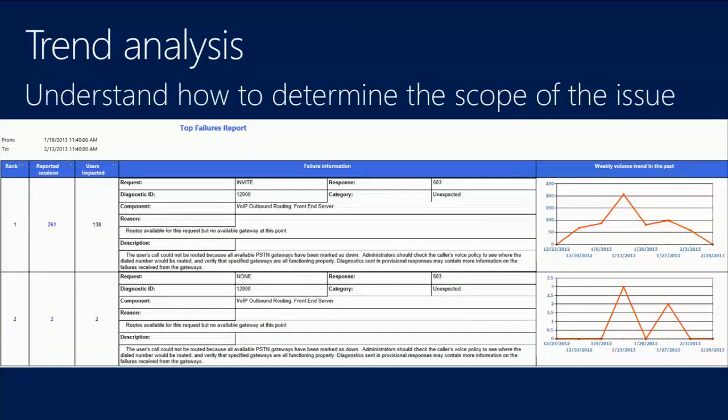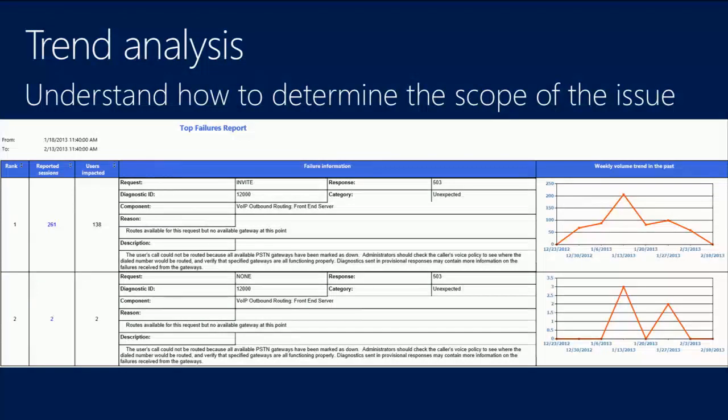This gives me an idea of how many times it's been reported. How many users has it impacted? Am I trending up? Am I trending down? And so these are the things that will help you answer the question of, is this a major issue? Is it limited, or is it something that I really need to focus on right away?